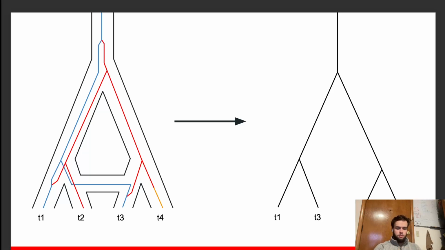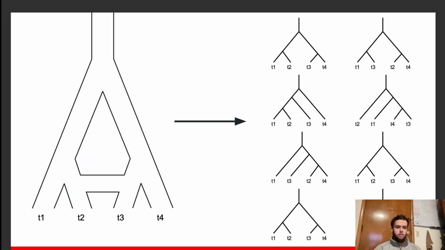So when this happens, when we take into account this phenomenon, which is called incomplete lineage sorting, it can be very hard to tell whether or not a given gene has any signal from one of these horizontal events. So it would be very nice if we could take a look at some set of gene trees that we've observed, estimated and observed, that have come from some underlying species network.